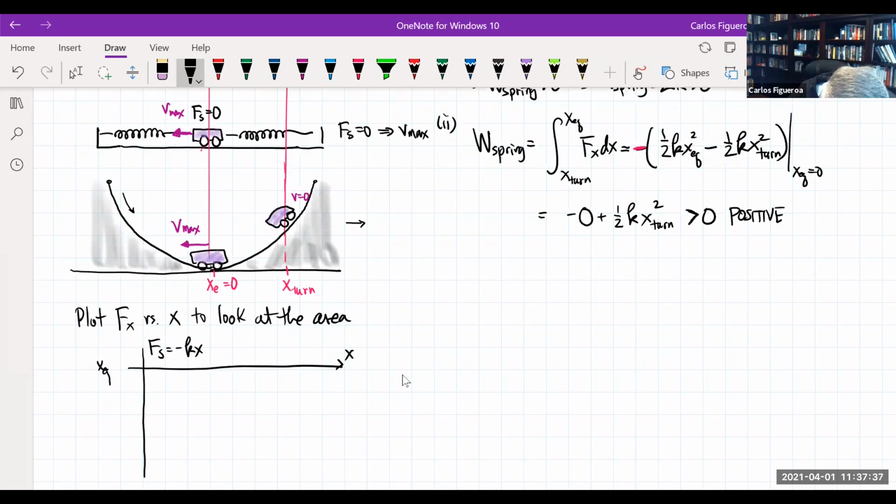And of course, this is the equilibrium point, which is 0. So now I still have that same linear line. Let's see if I can plot it right here. I'm going to get a line that looks to here. And note that this guy here is the turning point, right? So this guy is x turn.